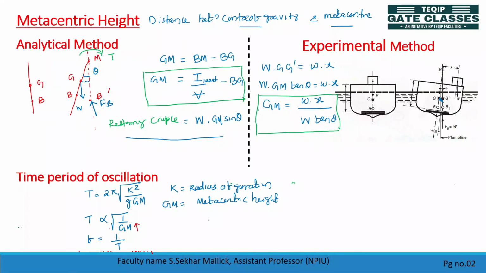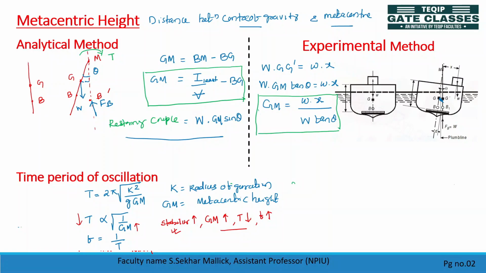If metacentric height is more, then time period of oscillation is less, right? For stability, Gm should be more. If Gm is more, then time period of oscillation is less and frequency of oscillation is more. Okay, so for stability condition of a floating body, frequency of oscillation should be more, right?